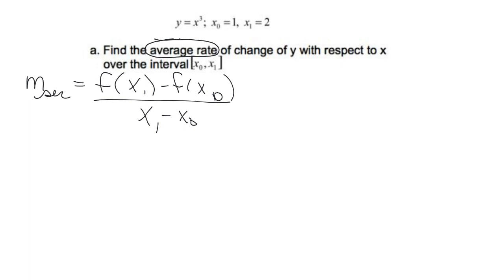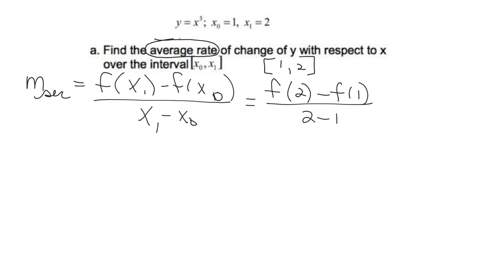If we were using these numbers, 1 and 2, we would say f of x sub 1 is the 2, minus f of 1, over 2 minus 1. You would plug in the 2 everywhere you see an x in the equation, and then plug in a 1. Then 2 minus 1 is 1, and this winds up being 8 minus 1, which is 7.